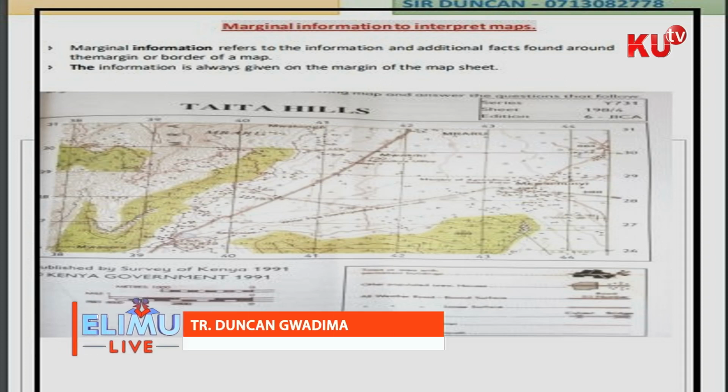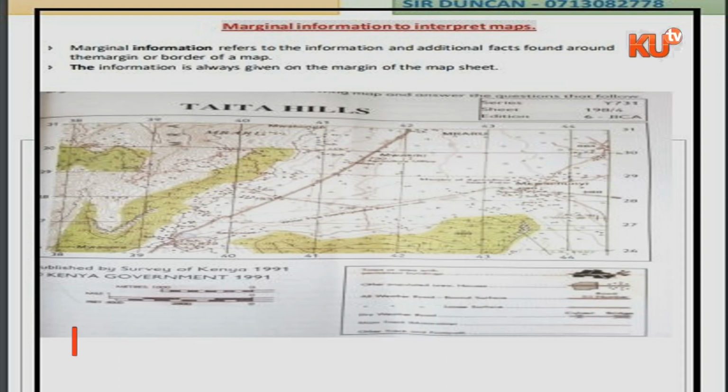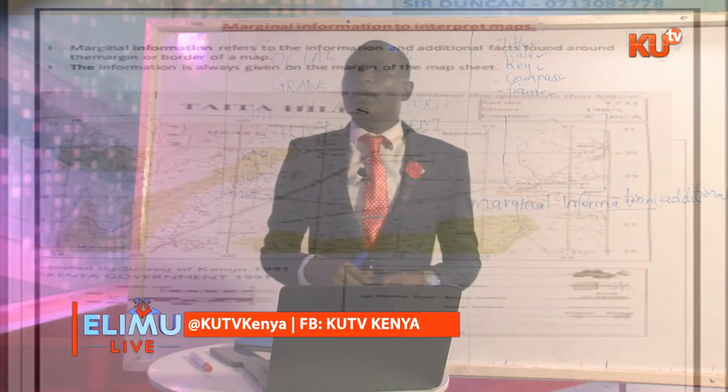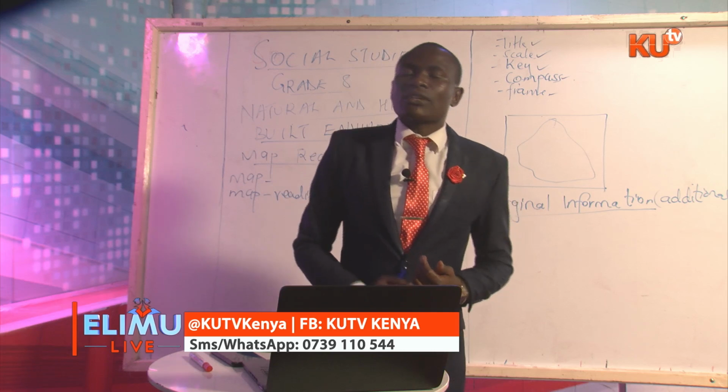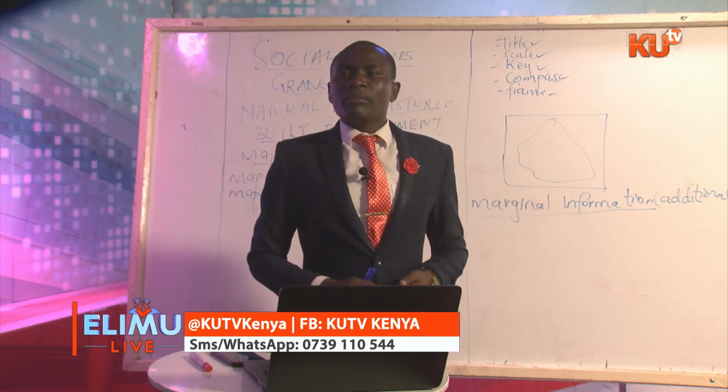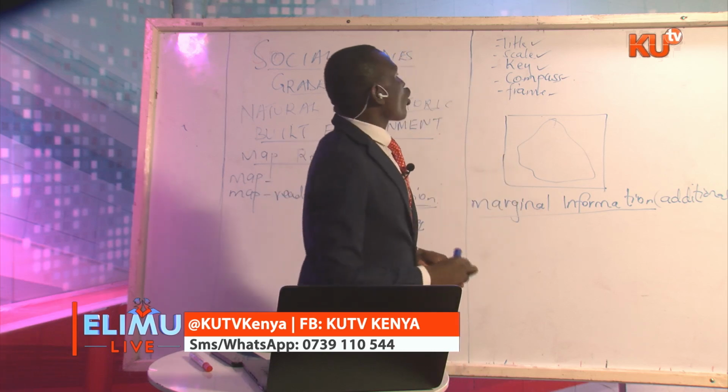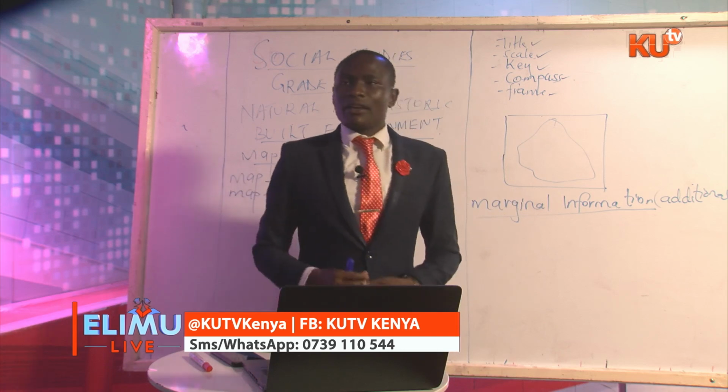When you look at that map, you will find that there is information that is not enclosed inside that map. It has got all the 5 elements of a map: the title, the key, the frame, the compass and the scale.